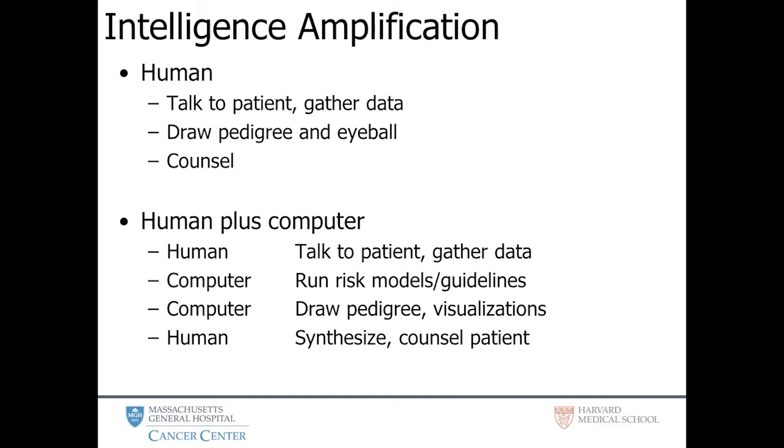Computers can draw pedigrees or other visualizations to help you understand what that data all means. And then the human can synthesize that data back into a coherent whole as it relates to that individual patient, and then go on to counsel the patient. So this idea of intelligence amplification is letting the human do what they're best at, letting the computer do what they're best at, and bringing that together to make the consultations more effective in terms of managing your individual patient.